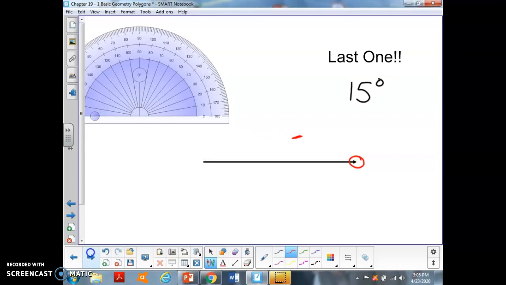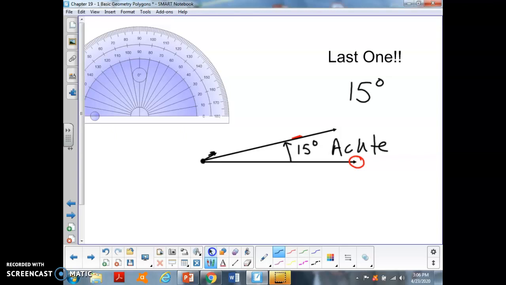My protractor, sorry. Get my ray. Got it down. Make sure I got my vertex there. Disregard this little one. I'm good. But from here to there, very tiny, 15 degrees. That is acute.